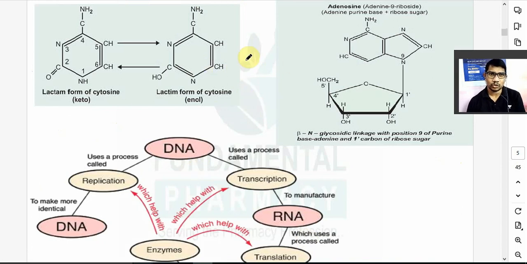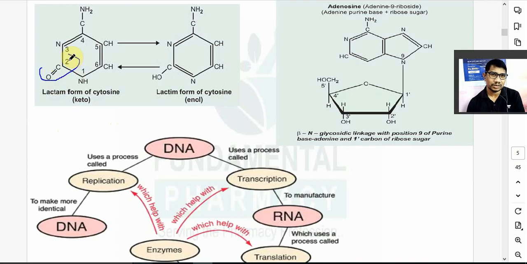Okay, what is meant by tautomerism? We have seen purines and pyrimidines. Among the purines, adenine will not show tautomerism, but guanine and the other bases, thymine, cytosine and uracil, all have a ketone group.